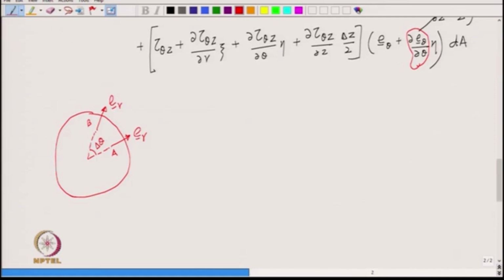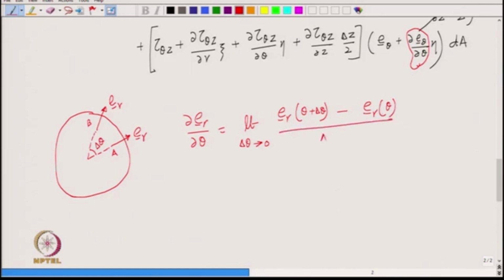So, we want to know del E r by del theta. So, del E r by del theta, you apply the fundamental theorem of calculus, and this becomes limit delta theta going to 0, E r for theta plus delta theta minus E r at theta divided by delta theta, is not it?